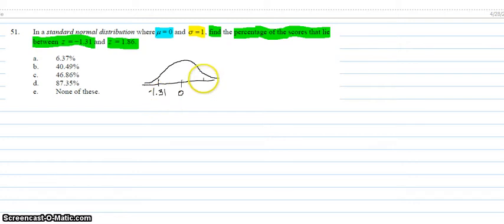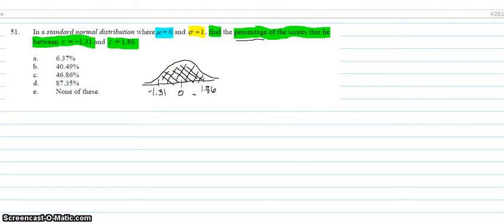Our upper is 1.86. And we need a percentage of scores. So we need to find out this area in here that I am shading in.